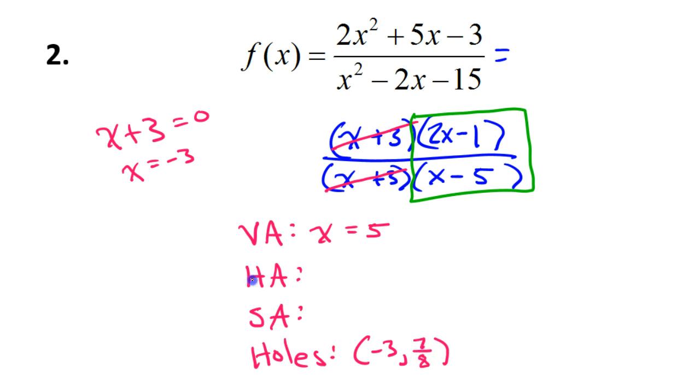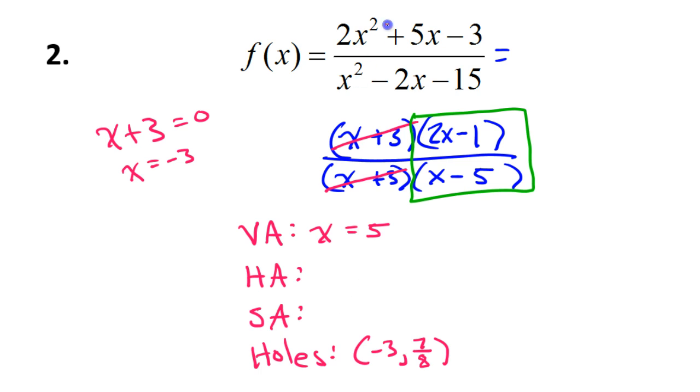Now, let's talk about horizontal asymptotes or slant asymptotes. By the way, to be clear, you're never going to have a horizontal asymptote and a slant asymptote. It's going to be one or the other. So, in this case, will there be a horizontal asymptote? Well, yes, there will be.